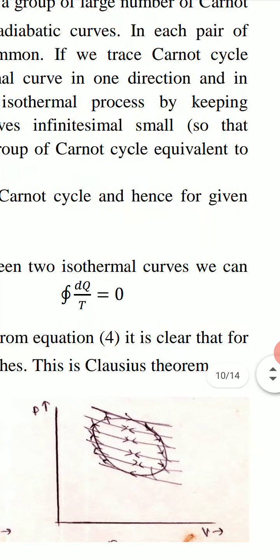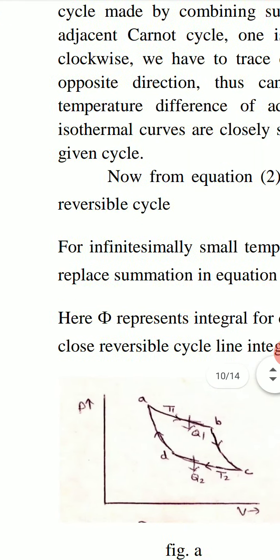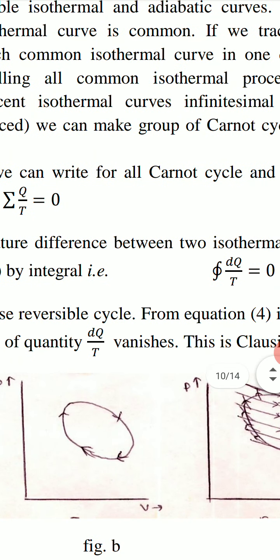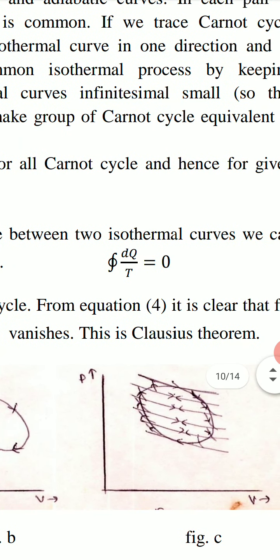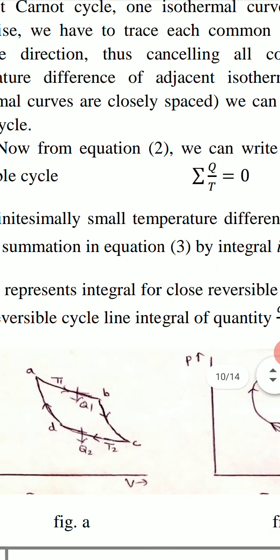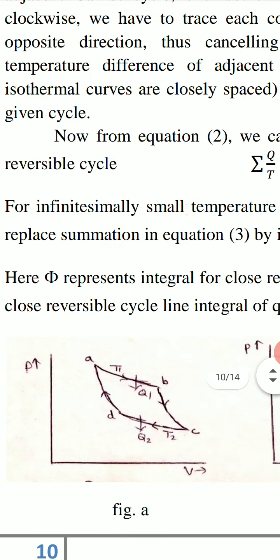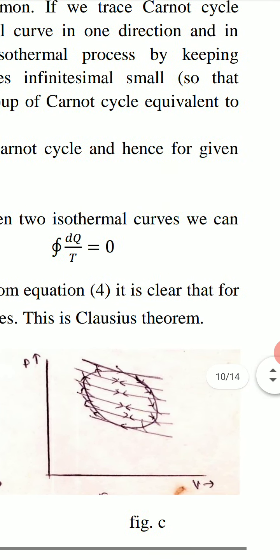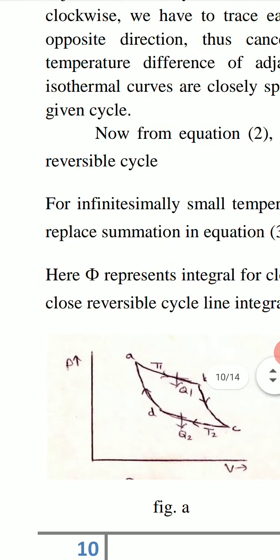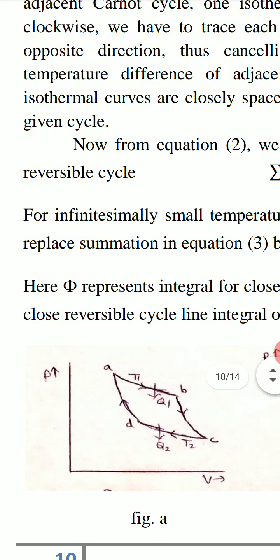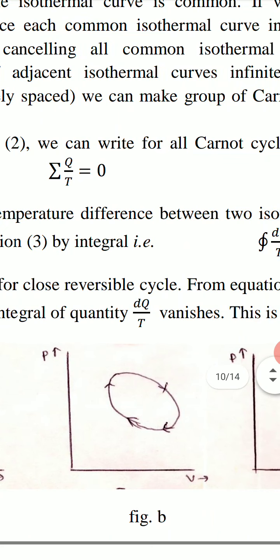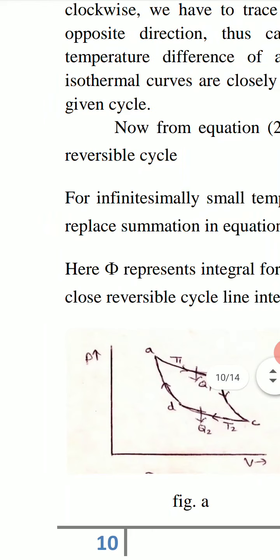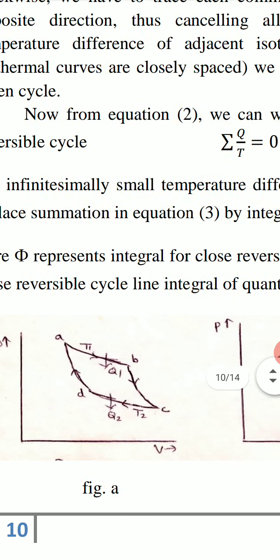If we trace Carnot cycle clockwise, we have to trace each common isothermal curve in one direction and in opposite direction, thus cancelling all common isothermal processes, by keeping temperature difference of adjacent isothermal curves infinitesimally small, so that isothermal curves are closely spaced.